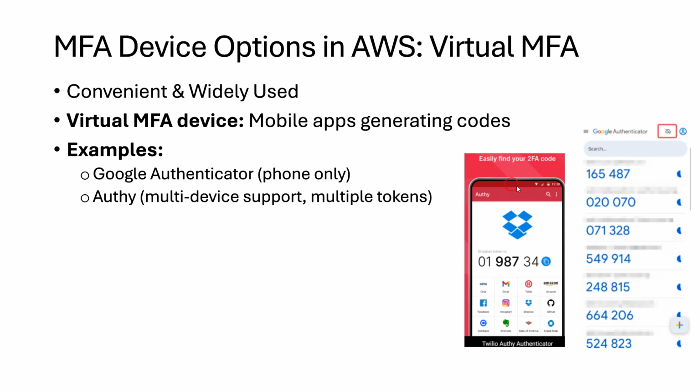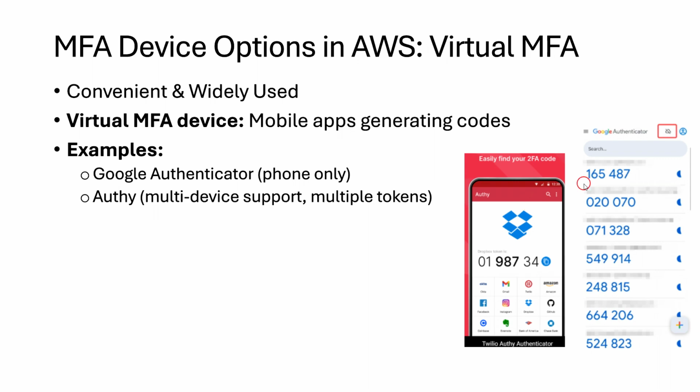Okay, and Google Authenticator is a popular mobile app. It generates time-based one-time passwords, usually called TOTP. And Authy, as we discussed, is similar to Google Authenticator, but often preferred because it supports multiple tokens.